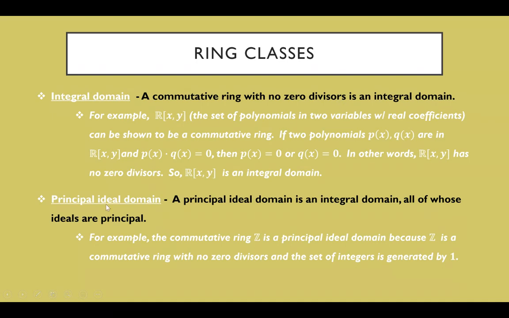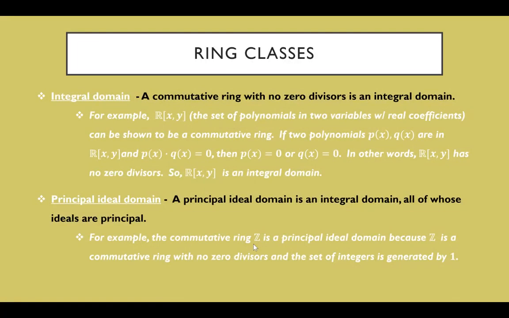A principal ideal domain is a special kind of integral domain where all of the ideals are principal. Remember, we discussed that a principal ideal is one where the ideal is generated by a single element in the ring. So if we look at, again, we'll go back to our simple example of the set of integers.